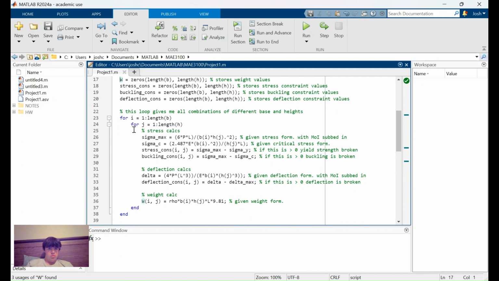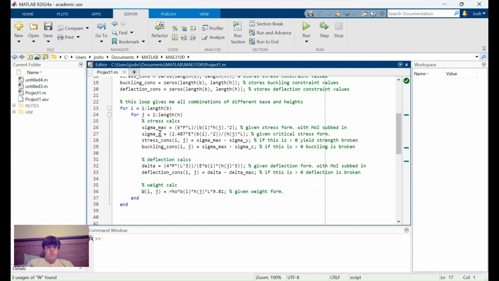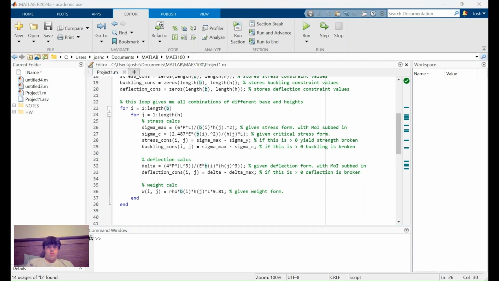All right, now to the loop and all these formulas. Here you can see it says stress calcs. Here was our formula that we were given with our moment of inertia subbed in. It's just on the Canvas page.